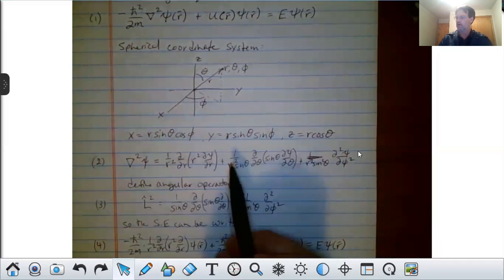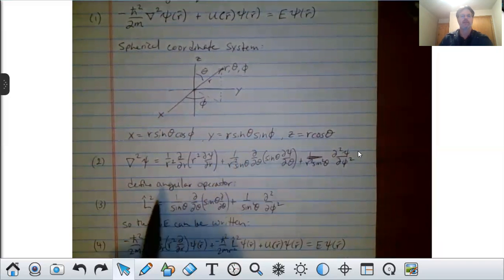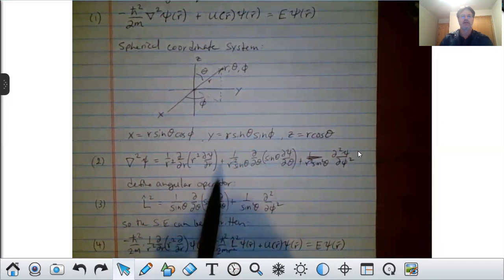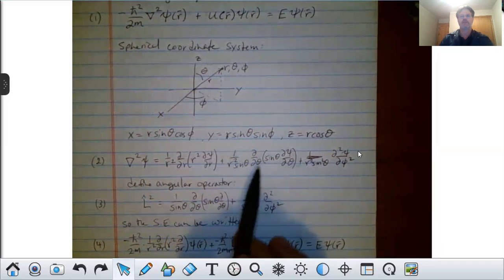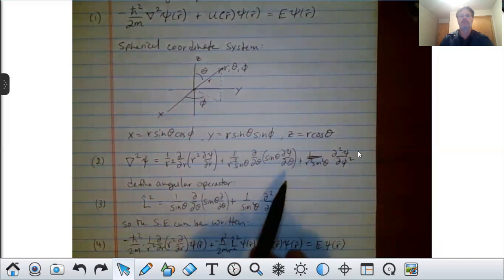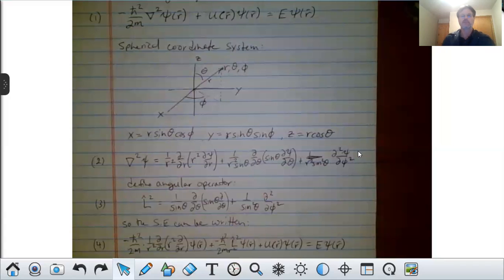Now there's a 1 over r squared here, but I'm going to talk about an angular operator, and I'm going to call it L squared, and it's just the theta, phi parts of the equation here. And it turns out that this is related to the angular momentum.